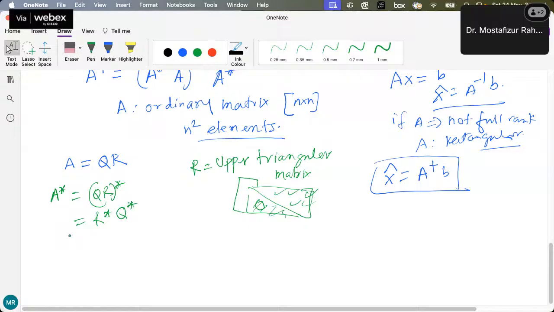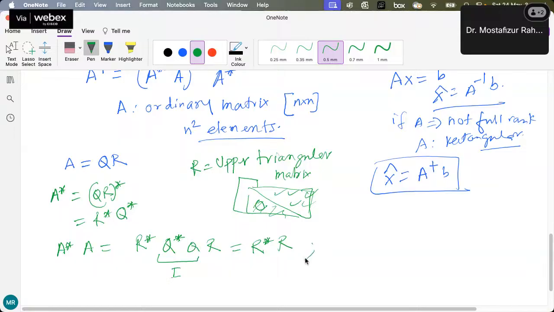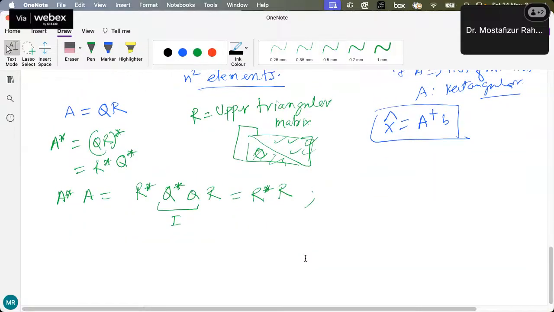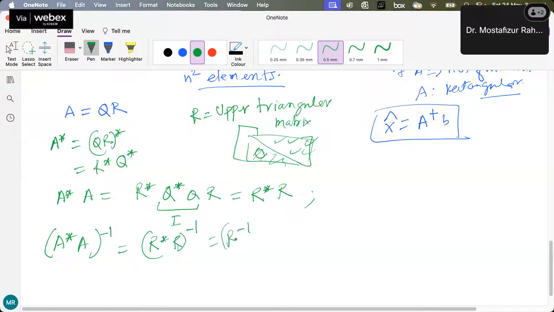Now, what is A star A? A star A is basically R star Q star Q R, and Q star Q equals the identity matrix. So you are left with R star R, because this is identity. Now what is A star A whole inverse? That equals R star R whole inverse, which equals R inverse times R star inverse.